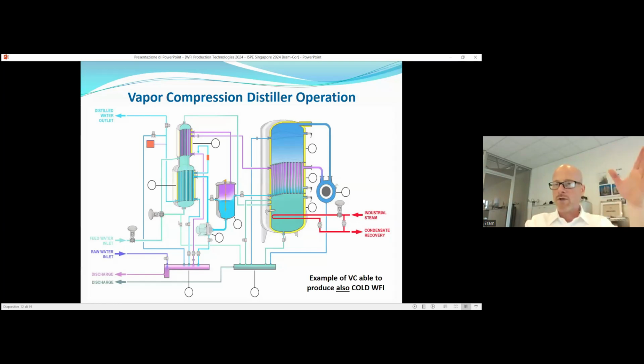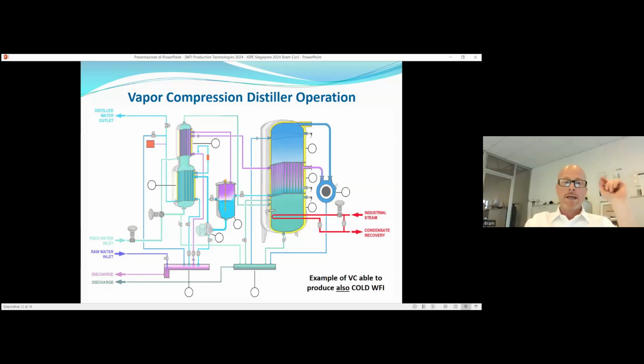In which way? We decide to have WFI at 85 degrees, no problem, we can set it at 70 or whatever the temperature is, again, without the necessity of cooling water. So that part in the vapor compression distiller is not necessary, at least up to a delta T of 10 degrees more than the feed water.